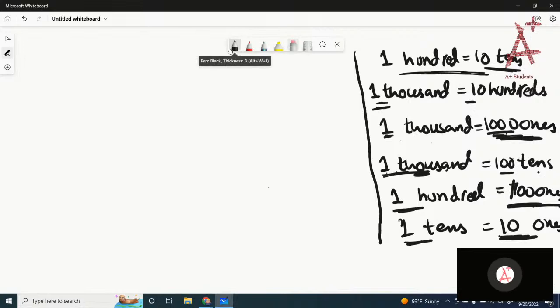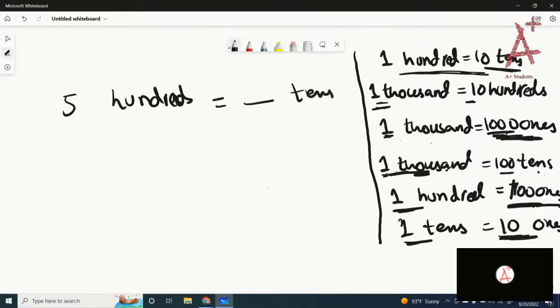Okay, so 500 equal how many tens? In 100, how many tens do you have? In 100, you have 10 tens. So in 500, how many tens do you have? 45, 50 or 55. These are the options given.